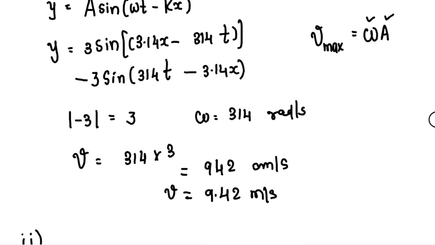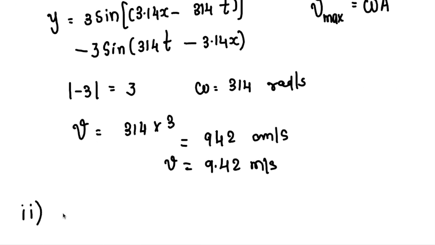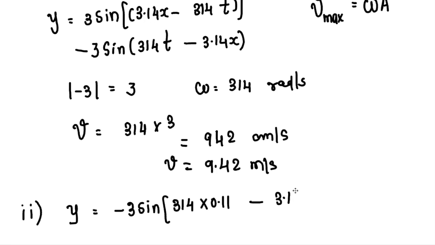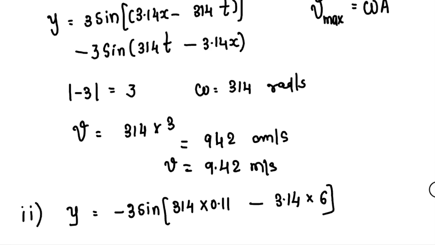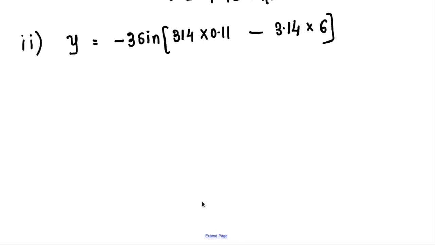Now putting those values in our standard equation of wave, I'll be getting y equals minus 3 sine 314 into time, that is 0.11 second, minus 3.14 into x, and x is given as 6 centimeter.